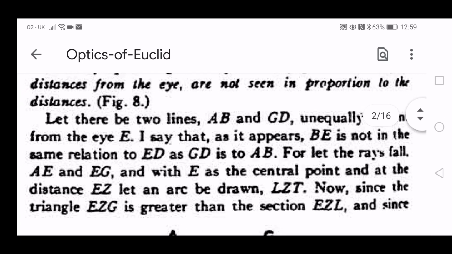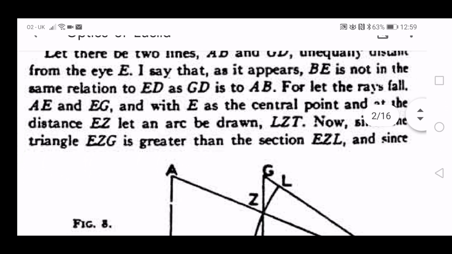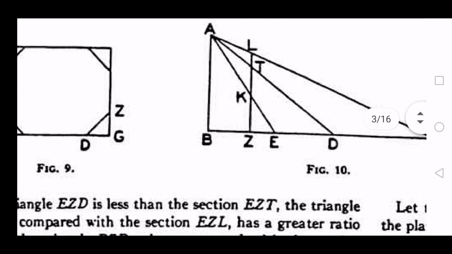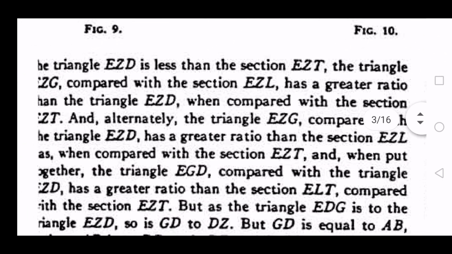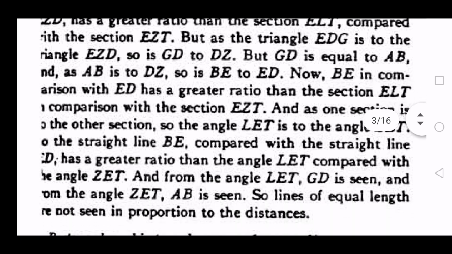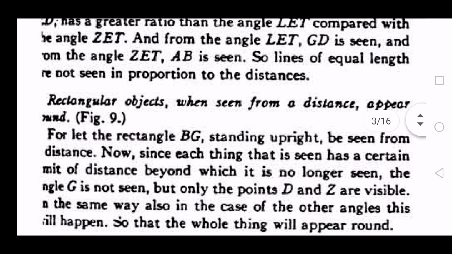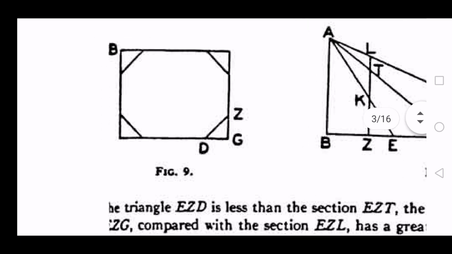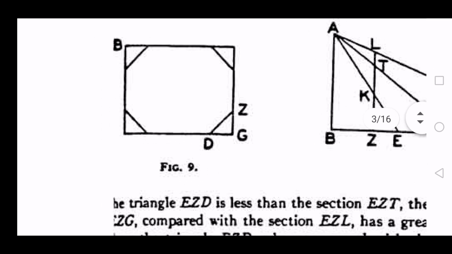There's more of it just here, look. So you can pause it and have a read. So just what I've just said to you anyway, basically. And then you've got this bit here, which I've just done, figure 9. Rectangular objects when seen from a distance appear round, which is this diagram here, figure 9.